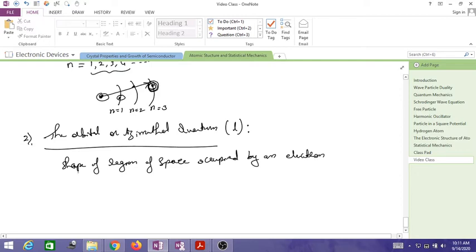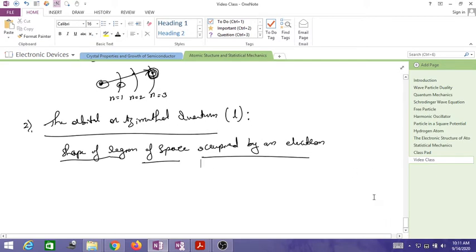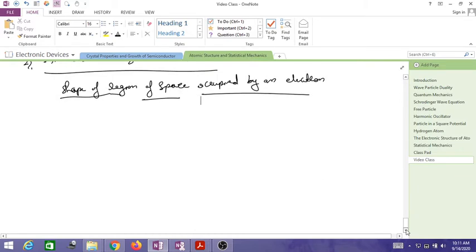So the orbital or azimuthal quantum number describes the shape of the region of space occupied by an electron. These are also called subshells in other terminologies. Here the L value ranges from 0, 1, up to n minus 1.